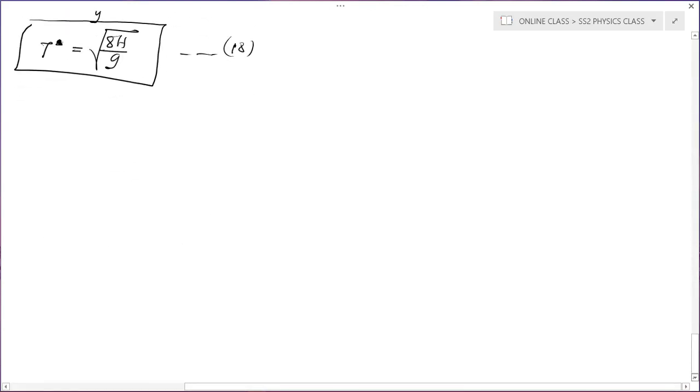Also, we have the relationship between ux, uy and u. We need to get it right at this point in time. Let me redraw that thing that I drew initially.